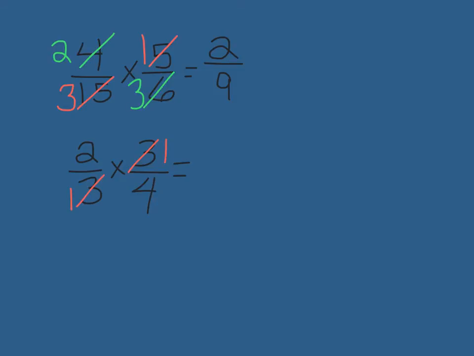Then I take a look at my 2 and my 4, and I can cancel those out and divide those both by 2. 2 divided by 2 is 1, and 4 divided by 2 is 2. Now on the top, I have 1 times 1 is 1, and 1 times 2 is 2. So 1/2 is my answer for that one.